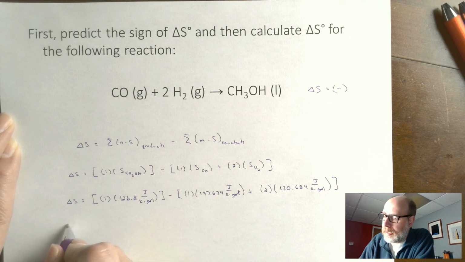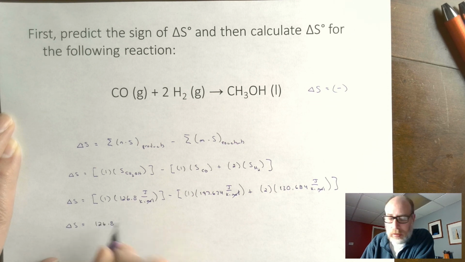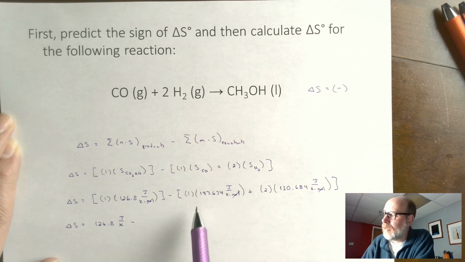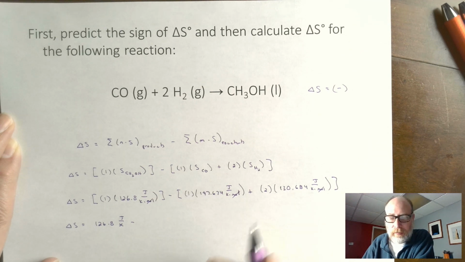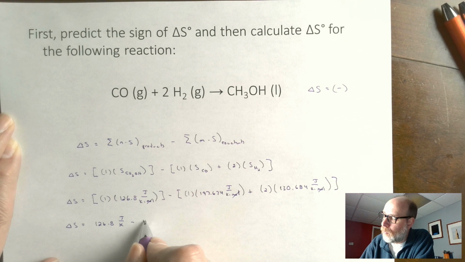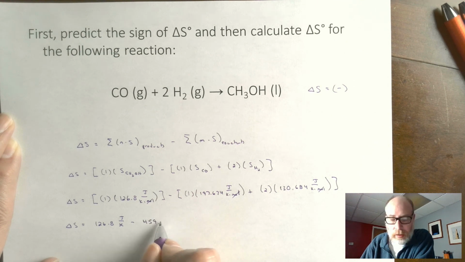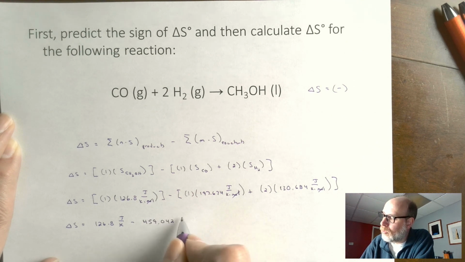So if we start calculating this, we get 126.8 joule per Kelvin minus, if you calculate all of that together, you get 459.042 joule per Kelvin.